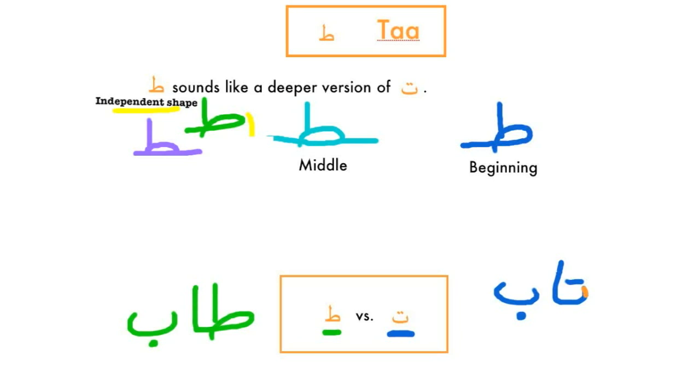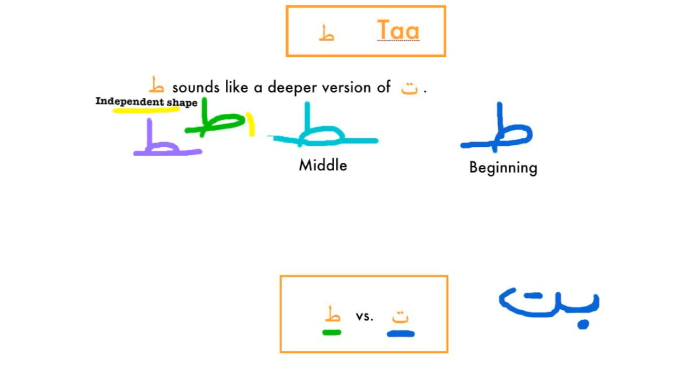So tab, you see it's a softer ta, versus tab, you see here ta is stronger. The next example is bet versus bat. Again, bet versus bat.